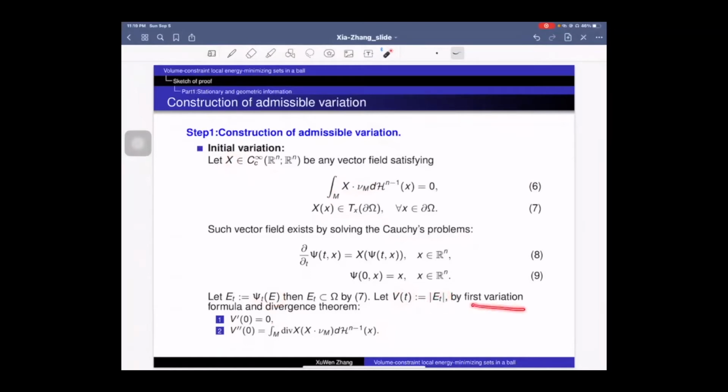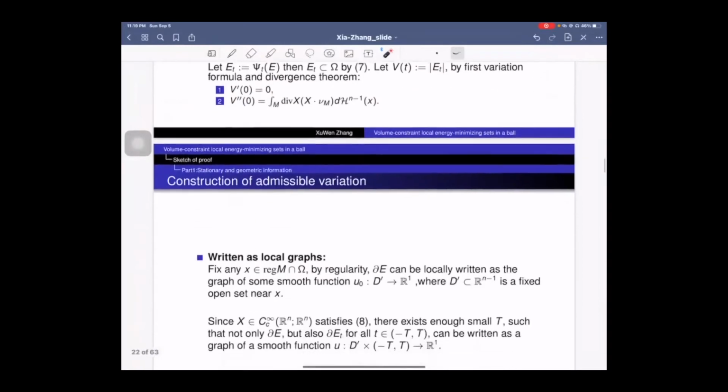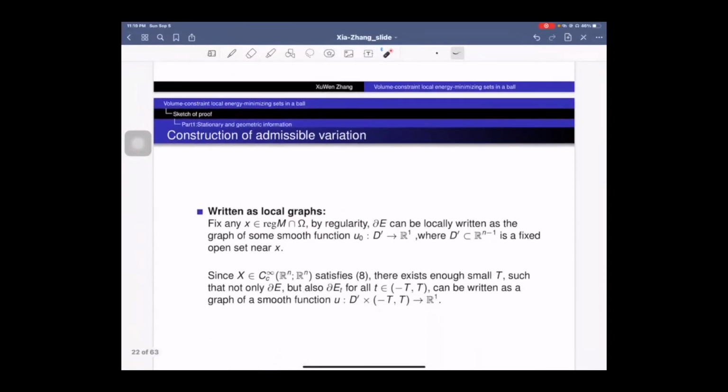Then, using the first variation formula and divergence theorem, we can see that such X is indeed preserve the volume at first order, but fails to preserve the volume in a short time. And now, for such initial variation X, we want to do some modification to obtain some admissible variation.